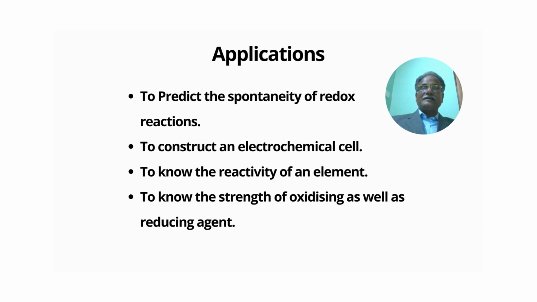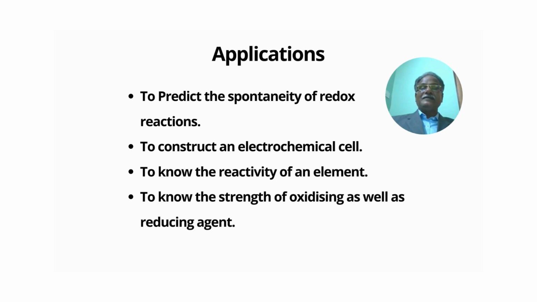Here let us consider one example. We know that the standard reduction potential of zinc is minus 0.76 volts. That means it can give electrons easily. So it is a strong reducing agent.